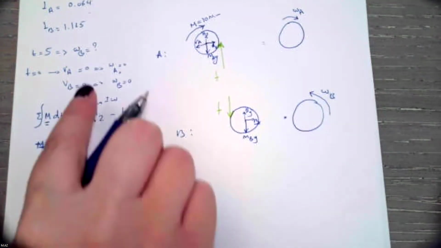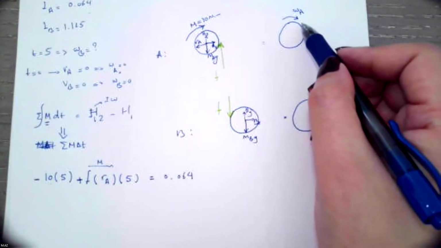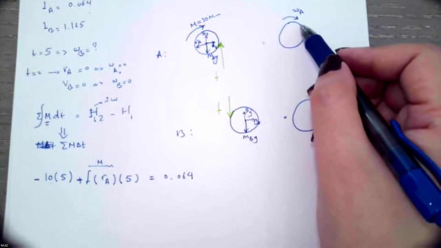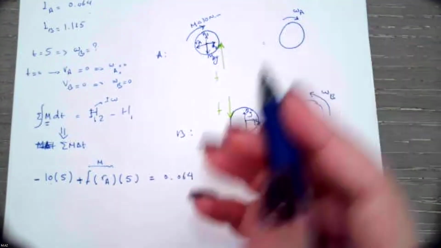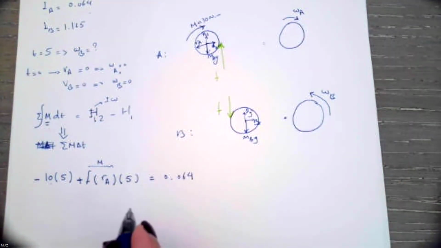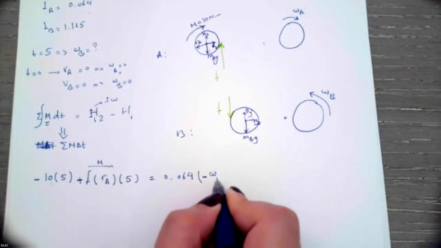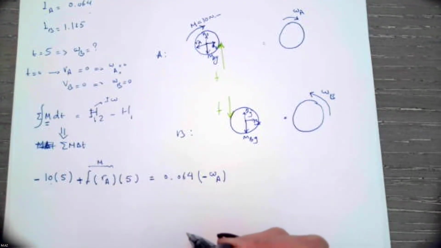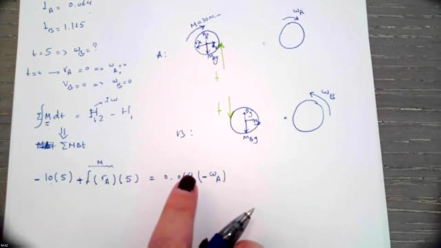This is the I, and the angular velocity for gear A after the contact is clockwise. For this reason, we have the negative omega A. This is all the information for gear A.